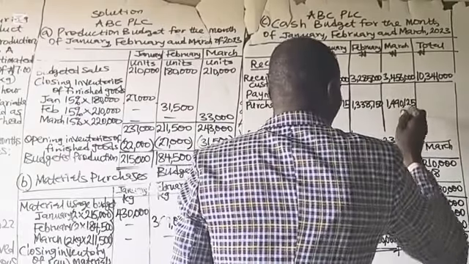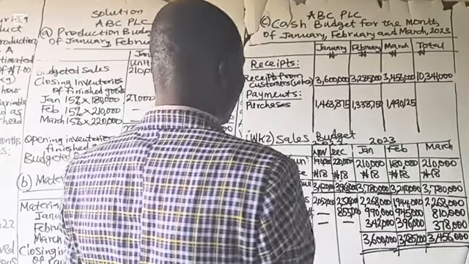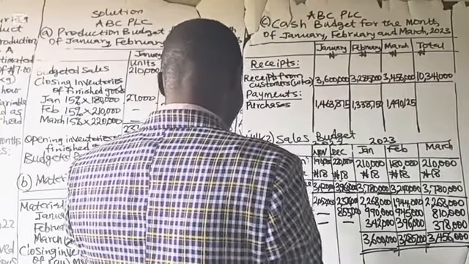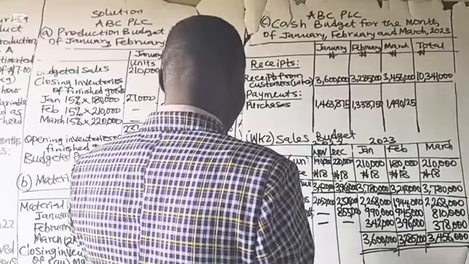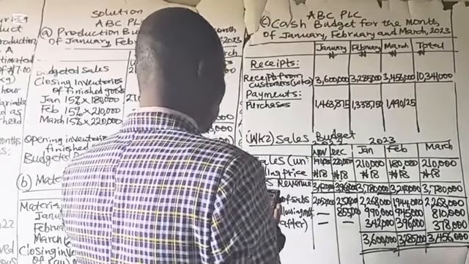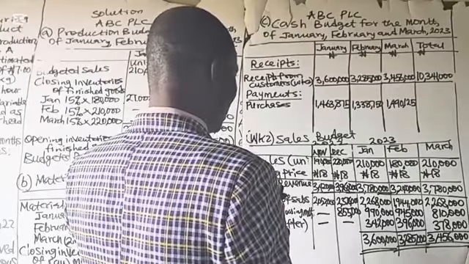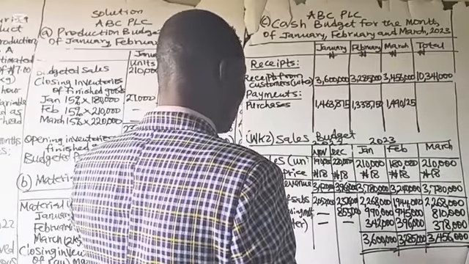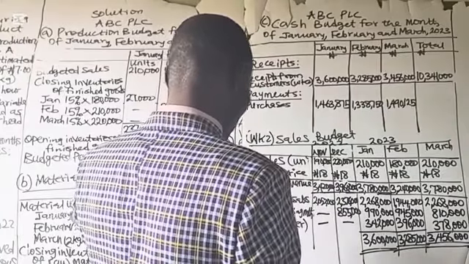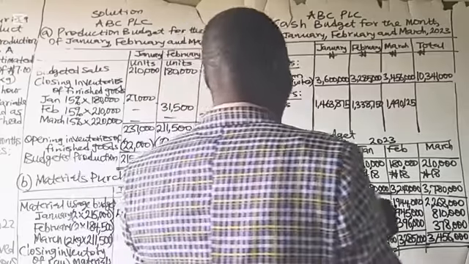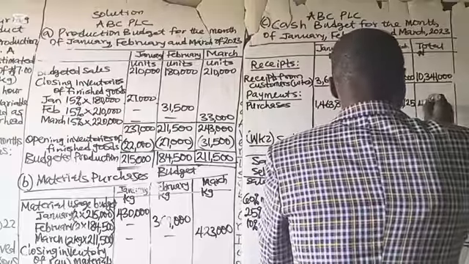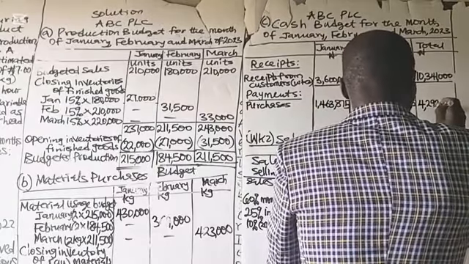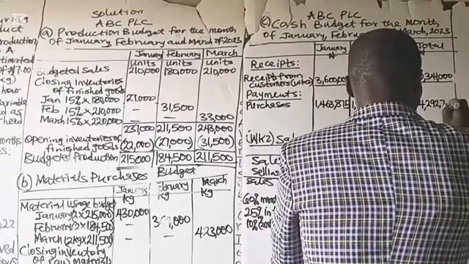So what is the total of the material bought within the budgeted period? 1,463,875 plus 1,338,750 plus 1,490,125. So we have 4,292,750.